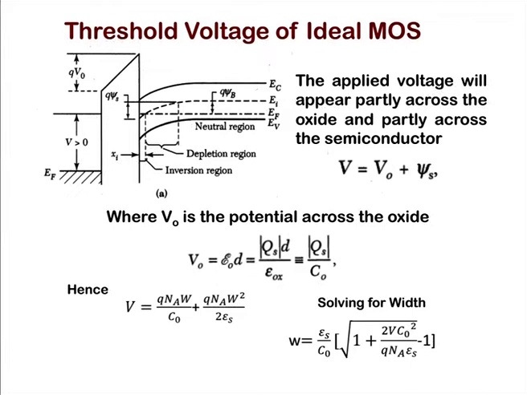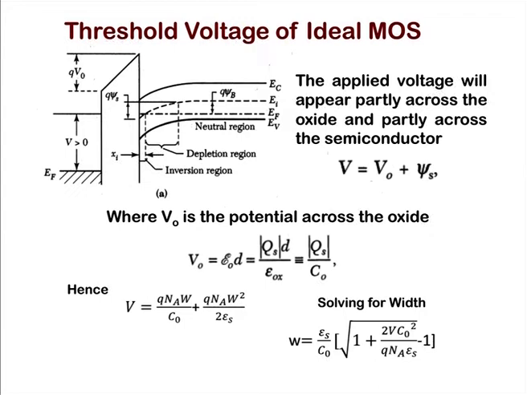The applied voltage will appear partially on the oxide and partially on the semiconductor. Suppose we have applied voltage V. In the equation you can see that partially V0 will appear on the oxide and psi S will appear on the semiconductor. Psi S is the surface electrostatic potential.